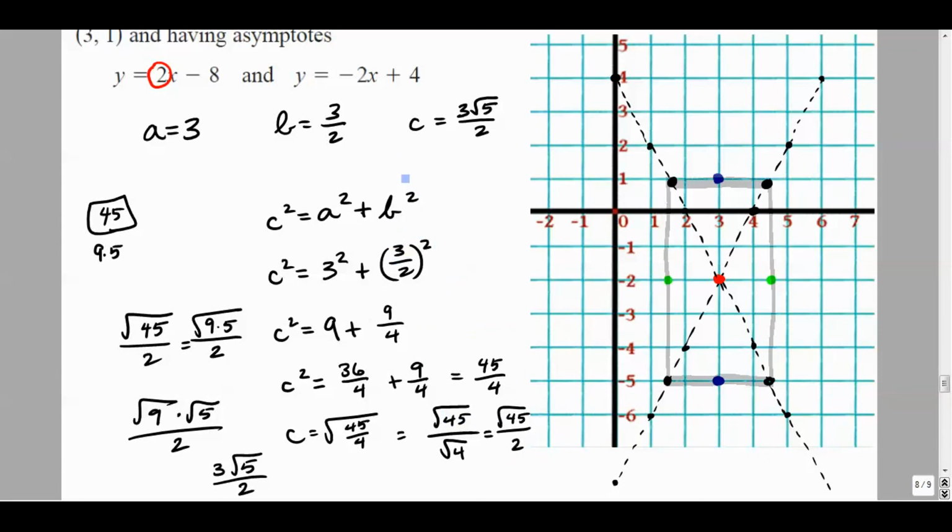Okay, so the distance from your center to your foci is essentially, you can rewrite that. I'm not going to do that, but this is how you can think about that. It's 1.5 times radical 5. And that's going to be the distance that you need to go up and down from your center.